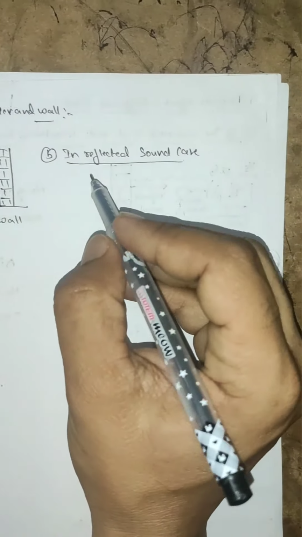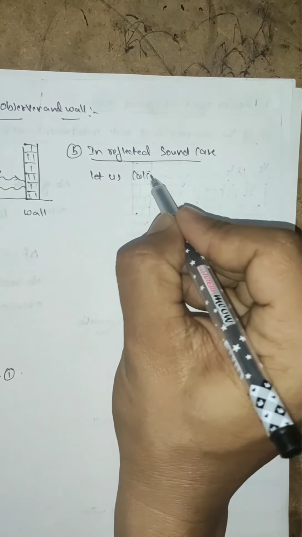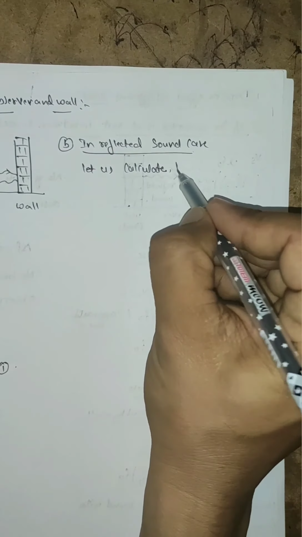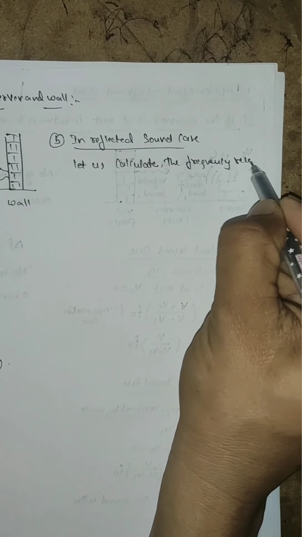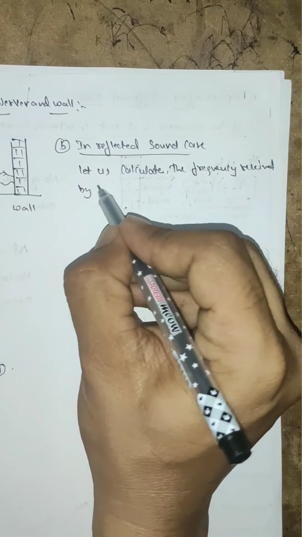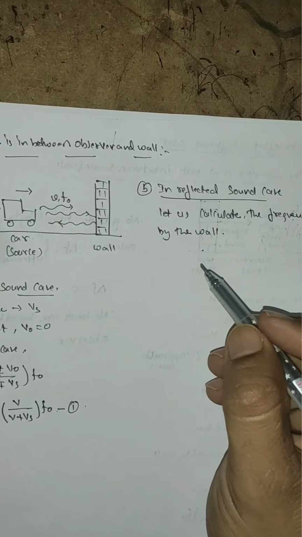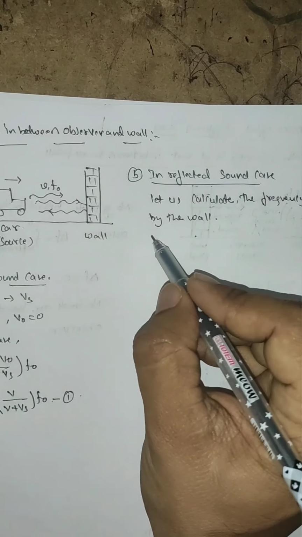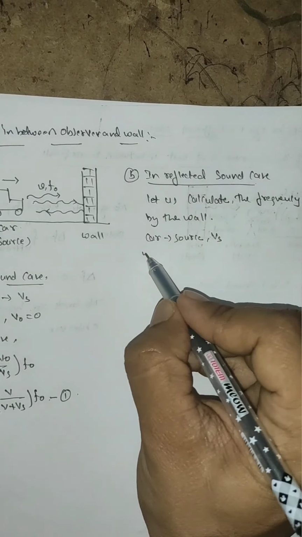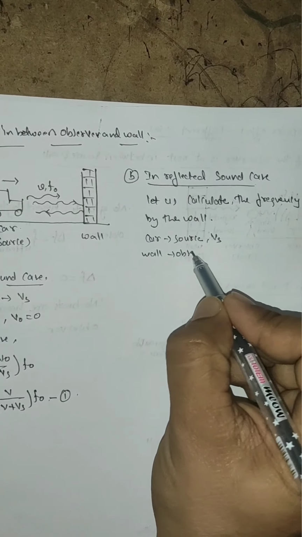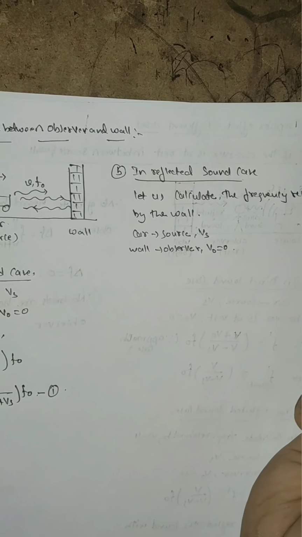So first let us calculate the frequency received by the wall itself. Here the car is moving towards the wall. The car is the source, moving with the speed Vs, and the wall is the observer, and V0 is equal to 0 because the wall is at rest.